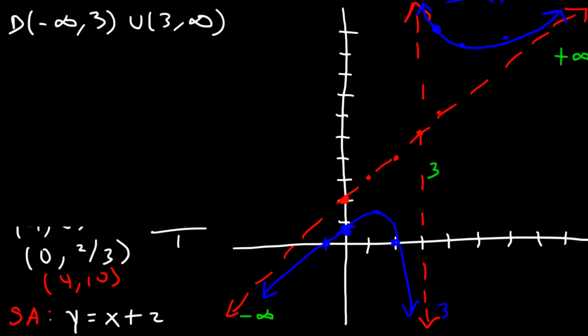Now the range is a little bit trickier. We can see that the lowest y value is negative infinity and the highest is infinity. However, we need to know the maximum y value here and the minimum y value there. We don't have the techniques to figure this out based on the things that we've learned in algebra.